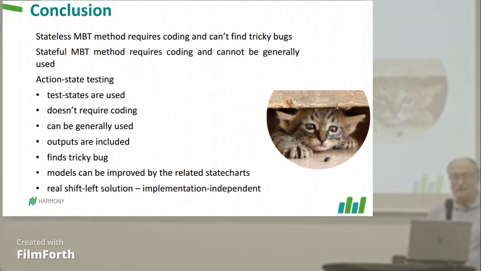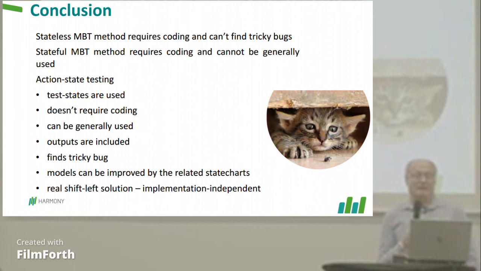And finally, the conclusion. I considered 3 MBT methods. Stateless MBT requires coding, but cannot find tricky bugs. On the contrary, Stateful MBT requires coding as well, and can find every bug, but cannot be generally used. And here is action state testing, where we are using simple test states.